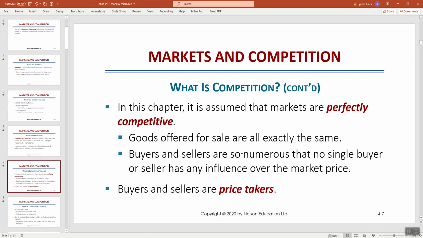Okay, now the perfect example of this, and I've mentioned this previously, is that in economics we tend to really oversimplify. We tear away all the layers of the onion to get to the core concept, right? Remember when we talked about the production possibility frontier, and we said this is a really simple example, right?